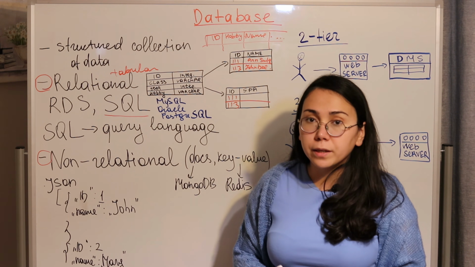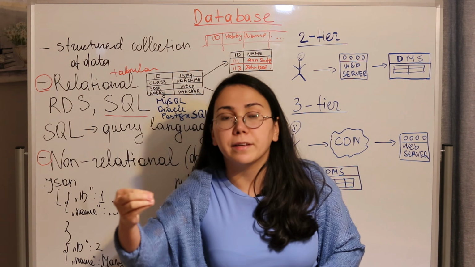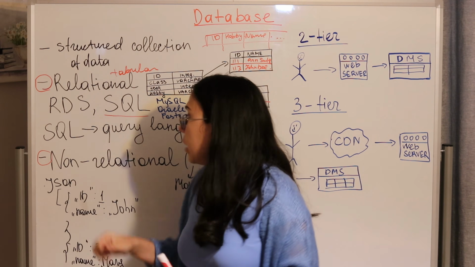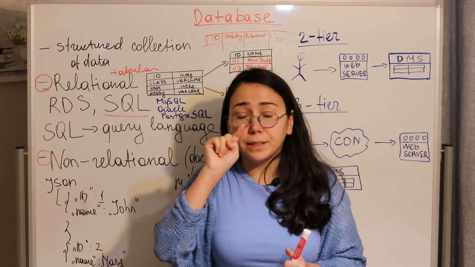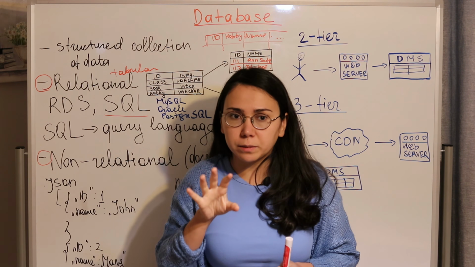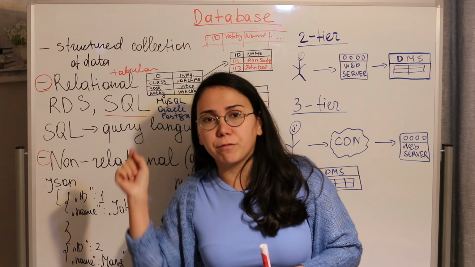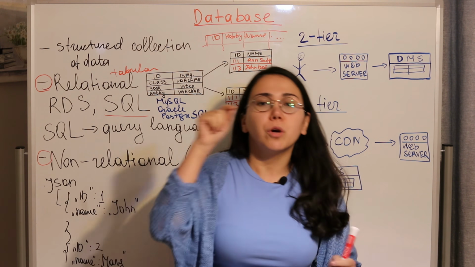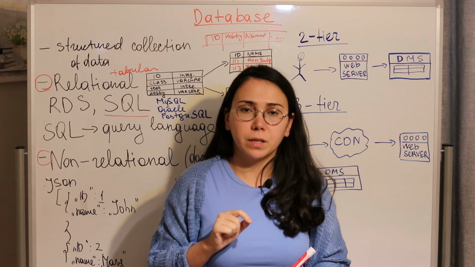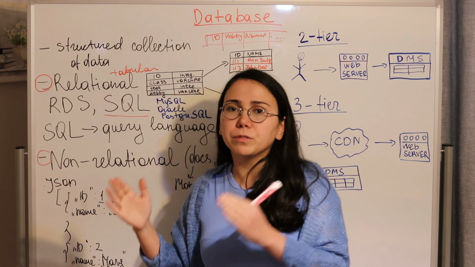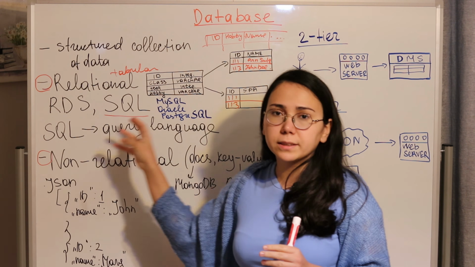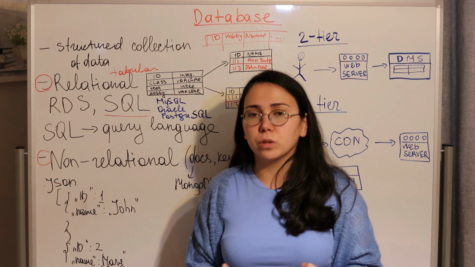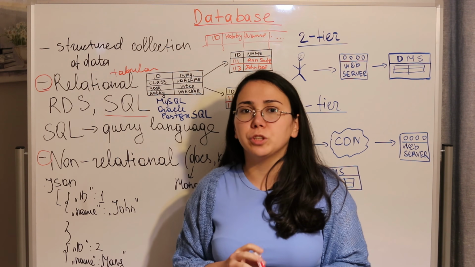Basically, SQL helps us to query the database. It helps us to come, knock on the door and ask, can you please, from users between the age of 16 and 21, show me users who have outstanding charges. You can have all of these conditions using SQL. If you Google SQL sample lines, you will see the language in which it's written.